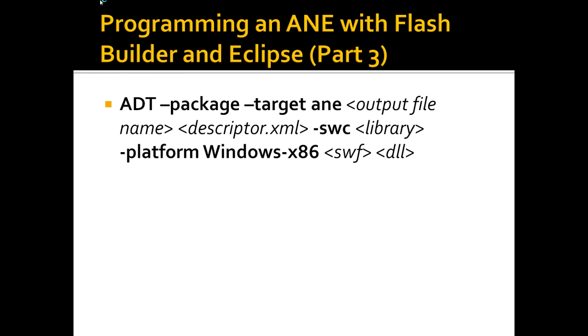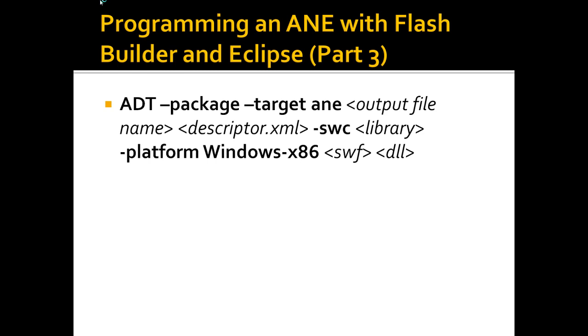If you are creating an ANE that has multiple platforms on it, for example Mac OS or Android or iOS, you can continue to add additional platforms after your DLL file by saying -platform, let's say iOS, and then you can add the SWF file for the library for that particular platform, space the Xcode file or the library file or things like that.